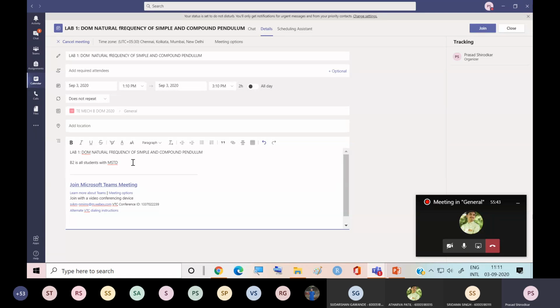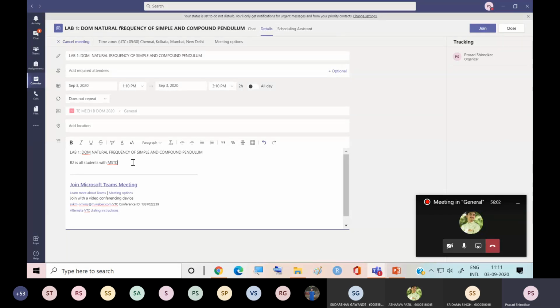Okay, the B1 batch is all the students with your other elective, PTD. So today the B2 batch will comprise all the students who have taken MSTD as their elective. Other students should not join.